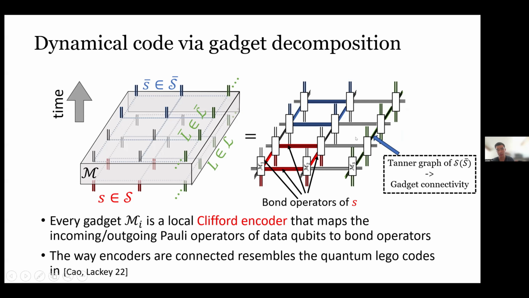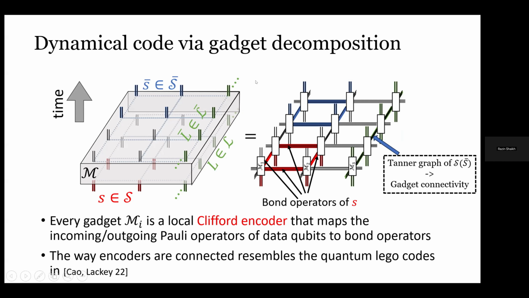So the logical is not measured, the logical is preserved. It has to go through the black box, but it can leave some trace, some bond operators on the bonds that connect the logical operators, but that's fine. So this is the general structure of our construction. And because you realize that, oh, if you just zoom in, sorry, the question?